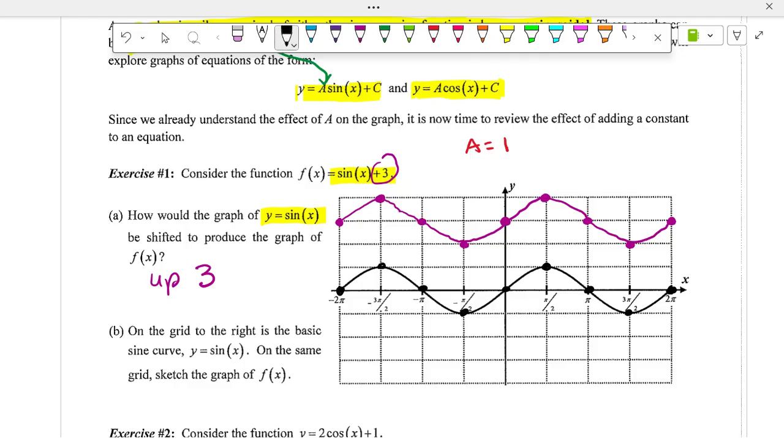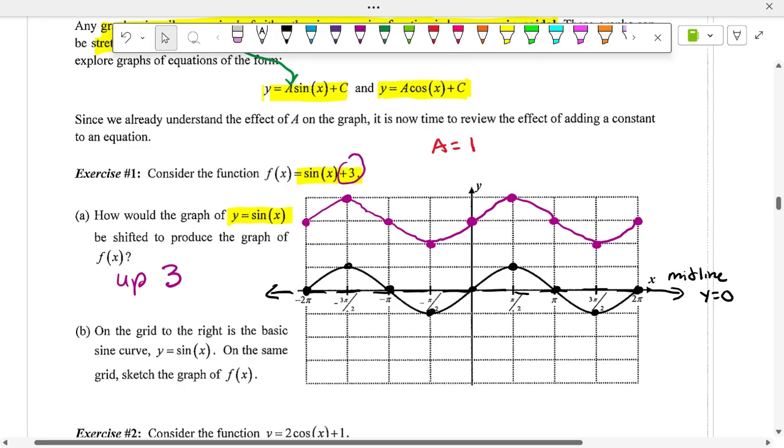So my midline would be right here for my original graph. So this is the midline at y equals 0. So you know how when we're making the sine cosine graphs, it's going to go from max to the middle to the min? The midline is where that middle is going to be, always.